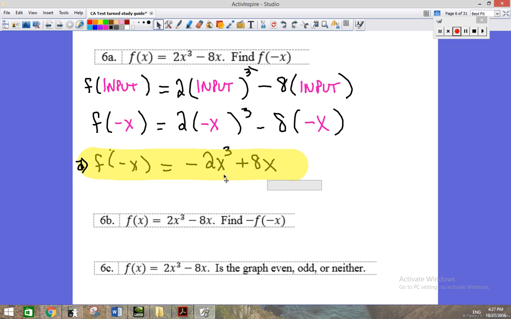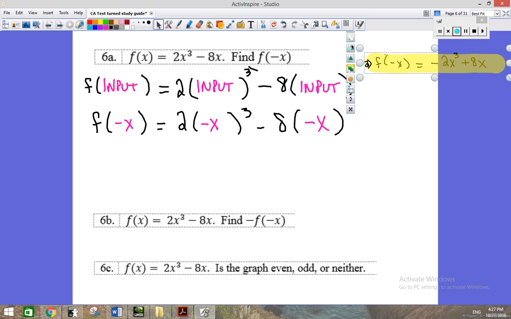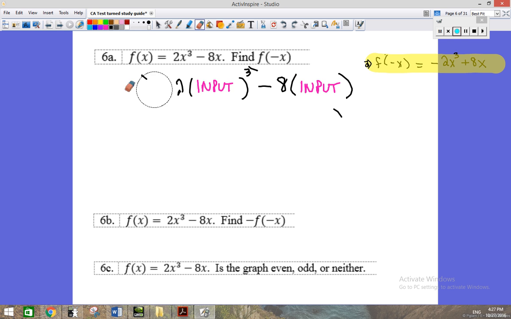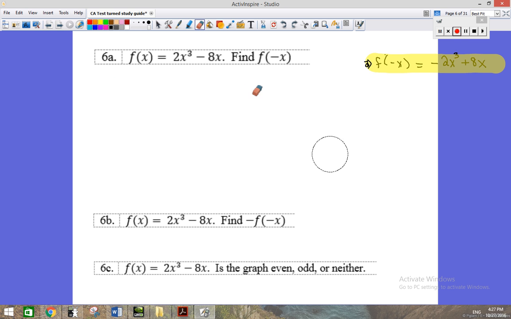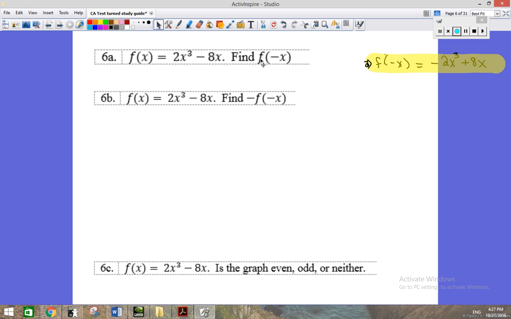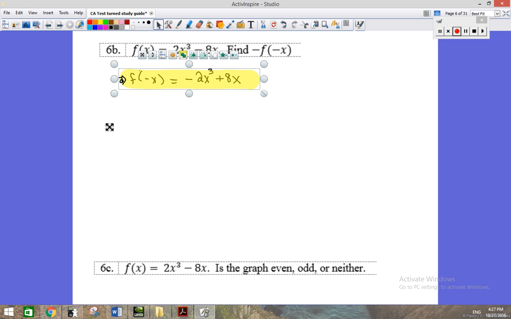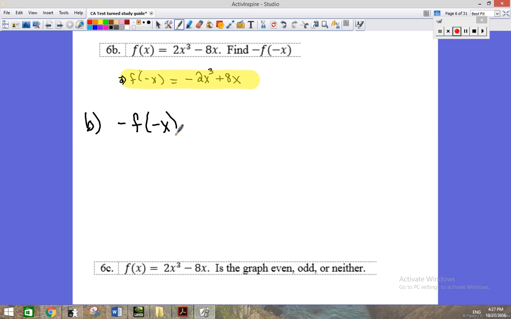Let's save our answer, because just like before, we're going to use this answer to help us in part C to determine whether this is even, odd, or neither. Actually, I'm going to go ahead and use it in part B right now, because in part B, look, f evaluated at negative x, well, now there's a negative sign. It's saying take the opposite of your answer in A. So if on the left-hand side I'm taking the opposite, I have to take the opposite of the right-hand side.